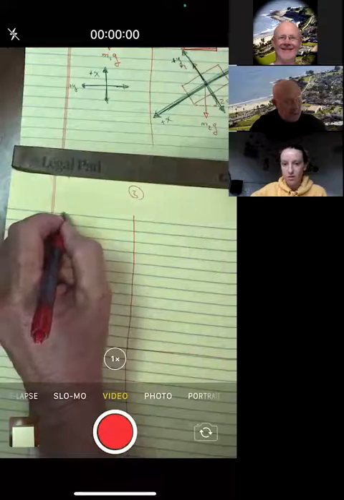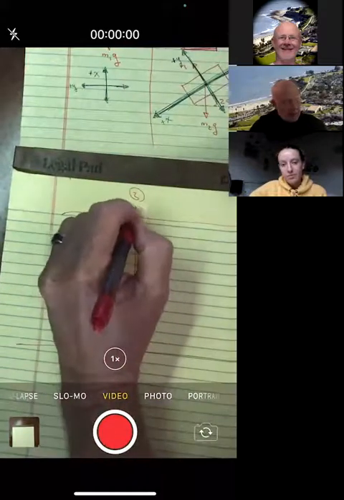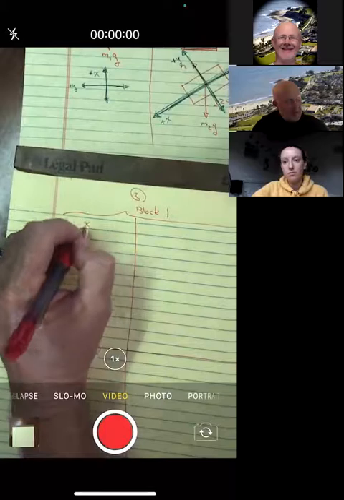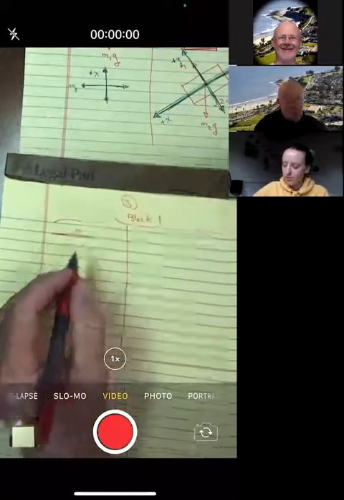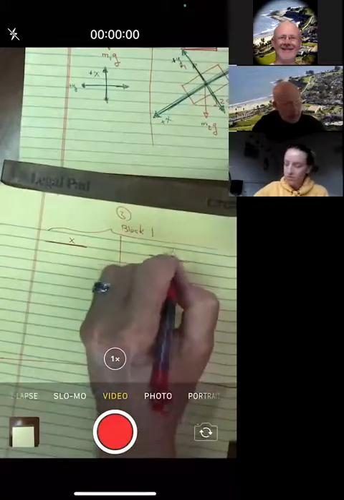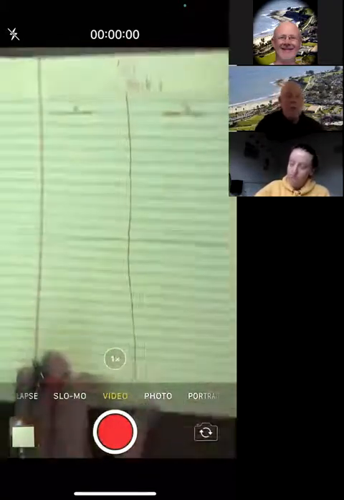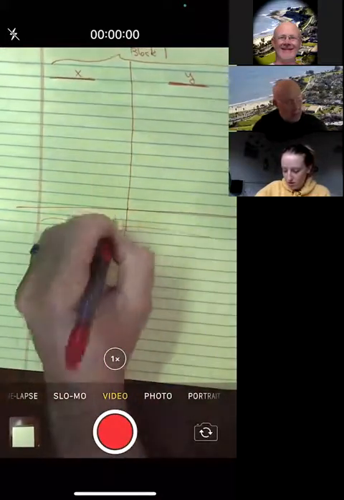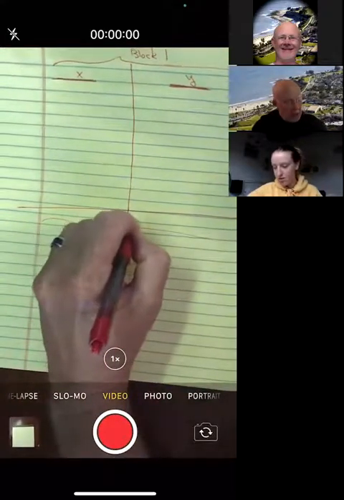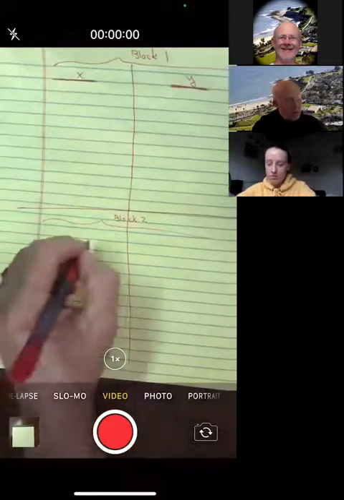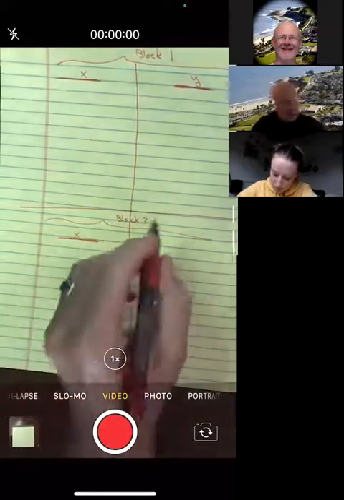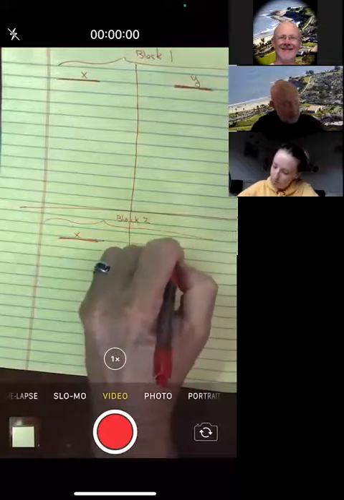This first one will be block 1, and this will be the x part of block 1, and this will be the y part of block 1. Down here, I'm going to do block 2, and I'll do x motion for block 2 and y motion for block 2.